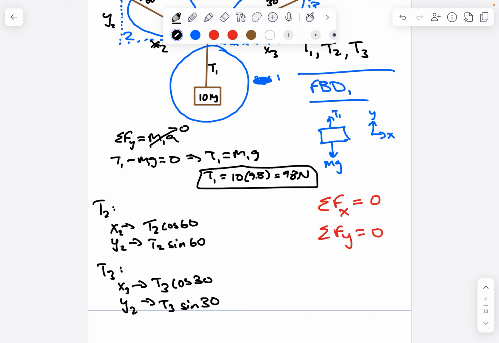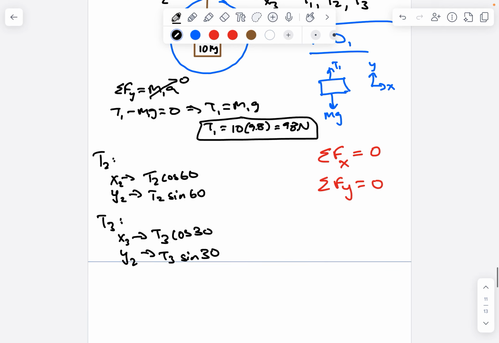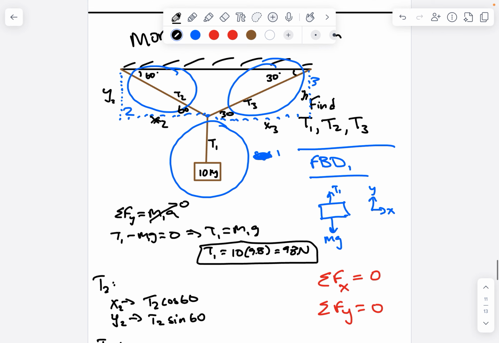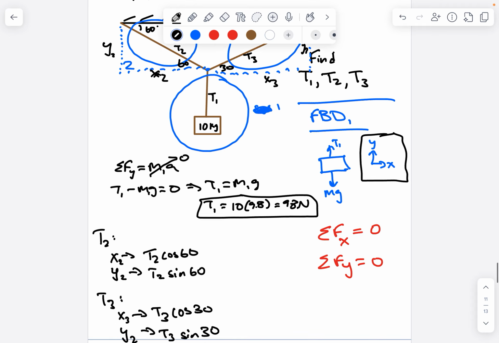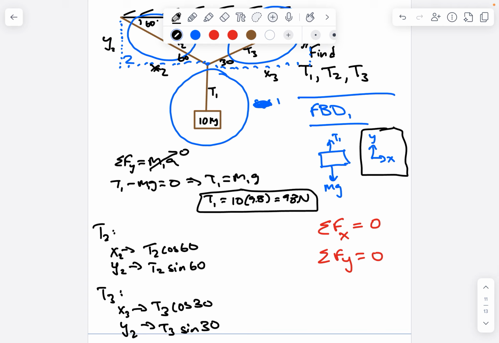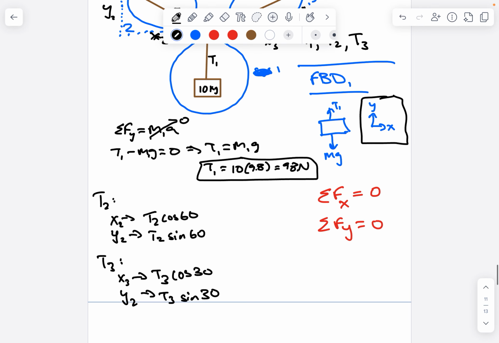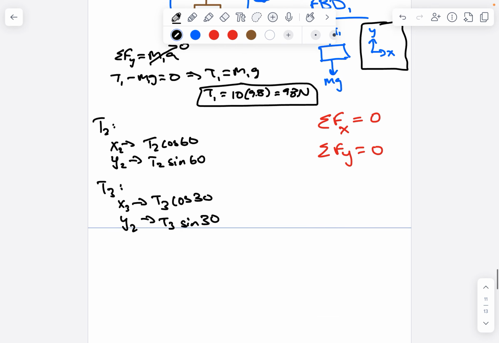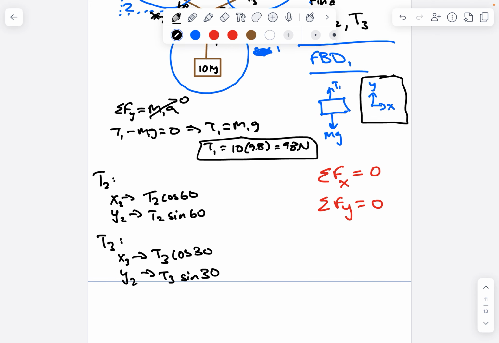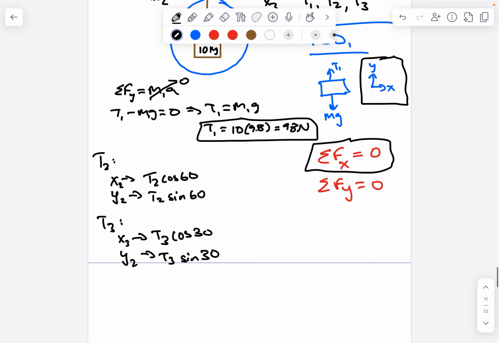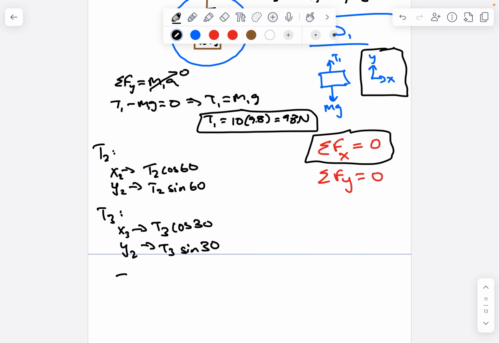All right. Now that we have split these angles into verticals and horizontals, which correlate to our coordinate system, we can write equilibrium equations for this. So we know that the sum of forces in the x direction has to equal 0.